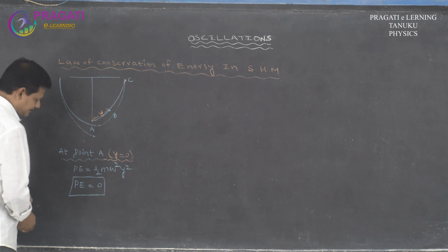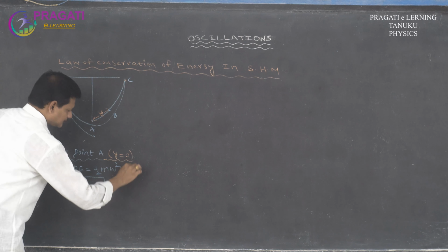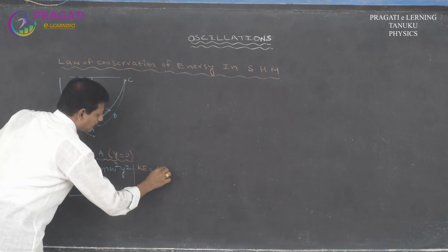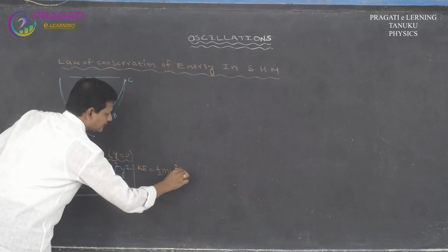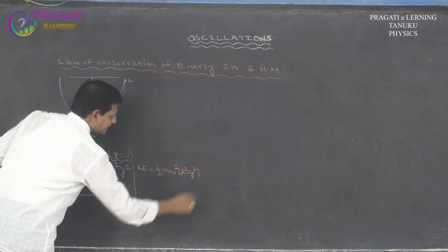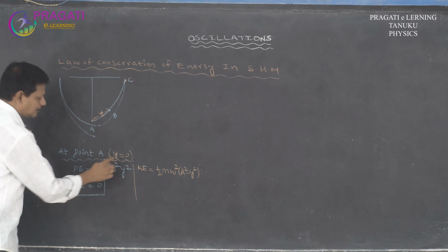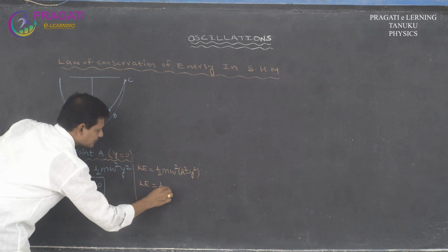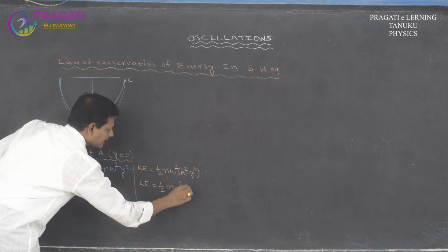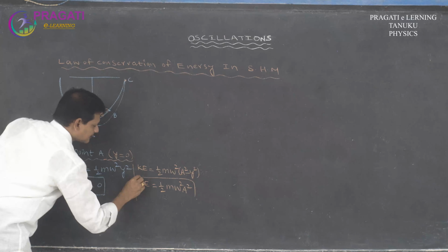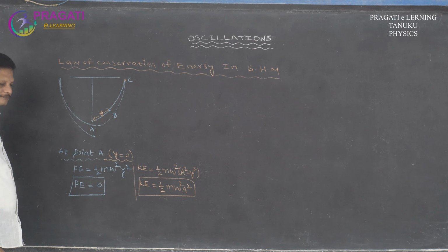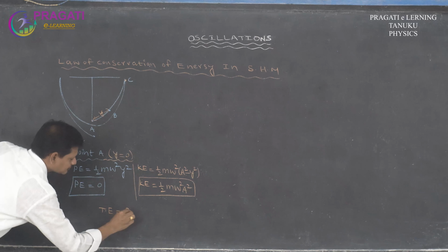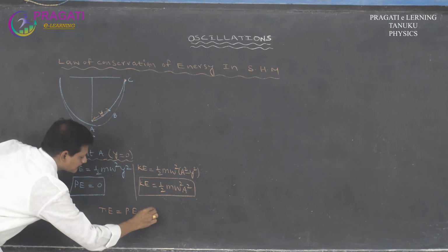Next, kinetic energy KE is equal to half m omega square A square minus y square. If y is equal to 0, kinetic energy KE is equal to half m omega square A square. So finally total energy TE is equal to PE plus KE.